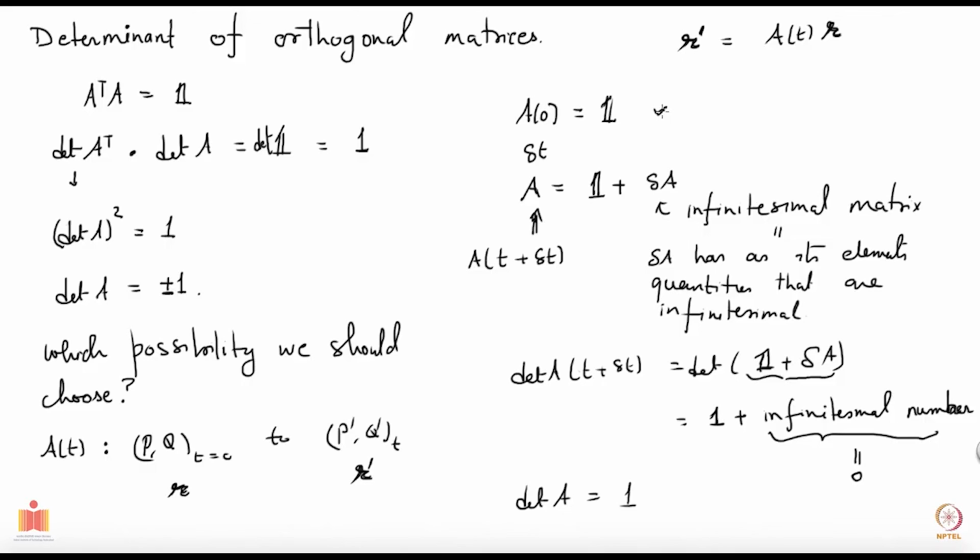Because of that, you find that the determinant of A has to be +1 for this rigid body motion. In general, orthogonal matrices could also have determinant -1, but we will not talk about the determinant -1 possibility at this point of time. It's not needed. So we have concluded that for our purposes, we are going to use determinant A equal to +1.